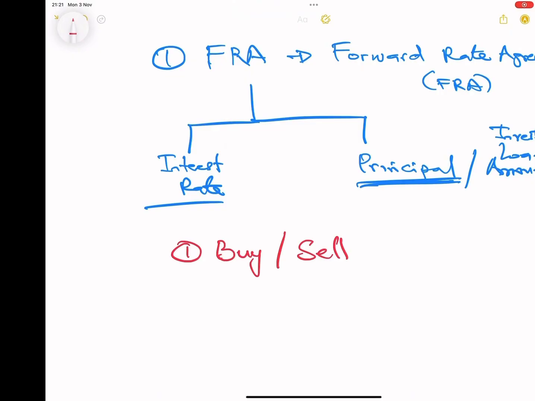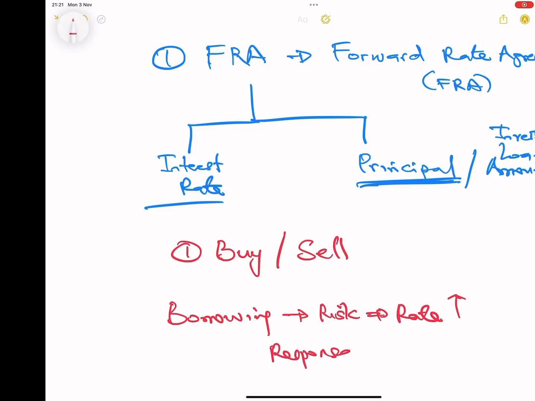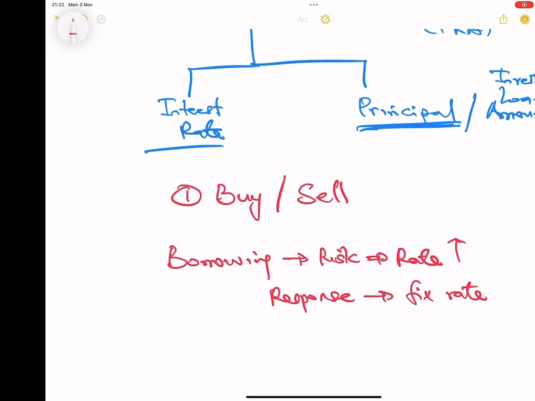So, which means when you have a borrowing, remember your risk is always that rates will go up. So, which means you will prefer to fix your rate. So, your response is to fix the rate so that you don't have to pay at higher rate. You are happy to pay at lower rate, but you don't want to pay at higher rate. So you fix the rate.